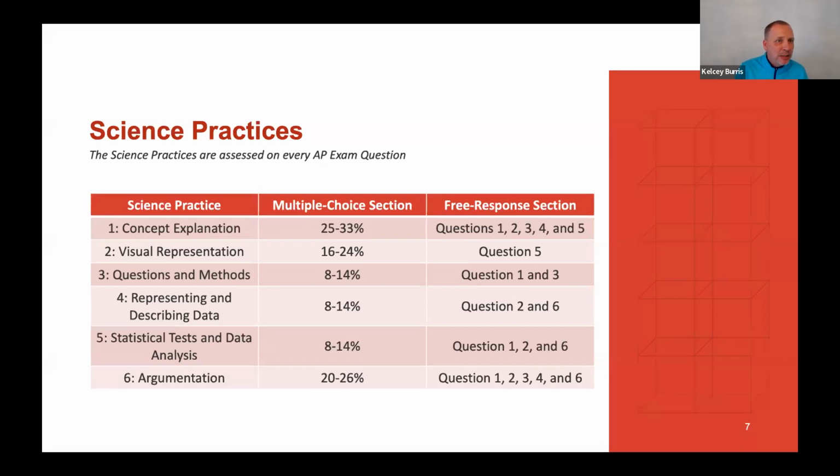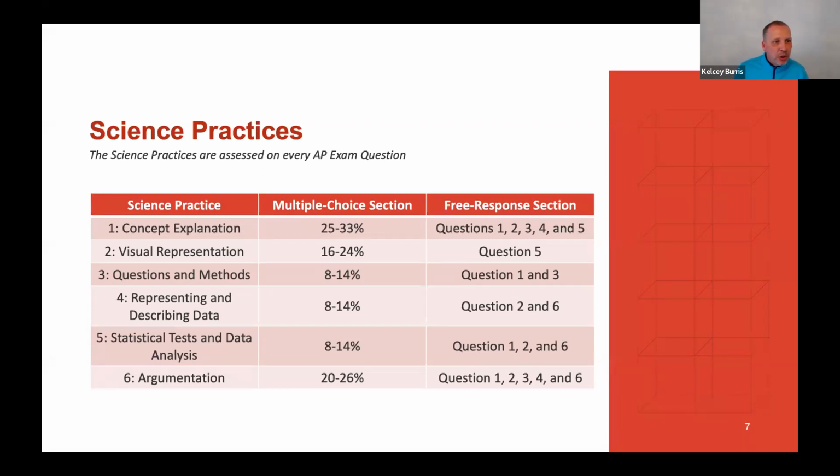Science practice 1 is concept explanation, and about 25 to 33% of the multiple choice will involve that science practice. Questions 1, 2, 3, 4, and 5 of the FRQ section will include that. The way you can think about science practice 1, it's really content knowledge.